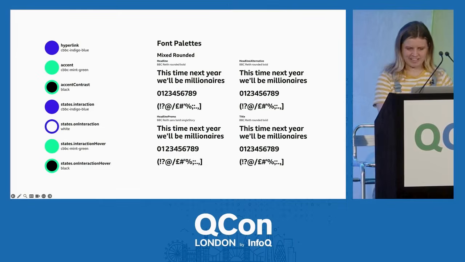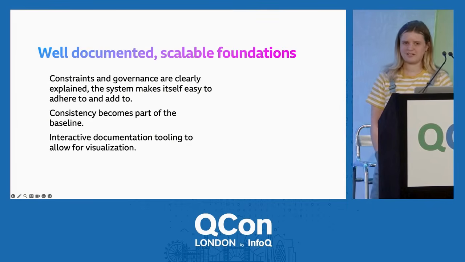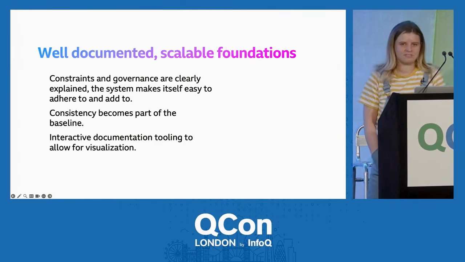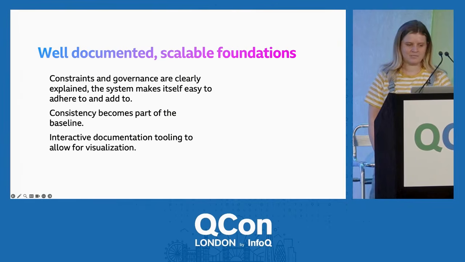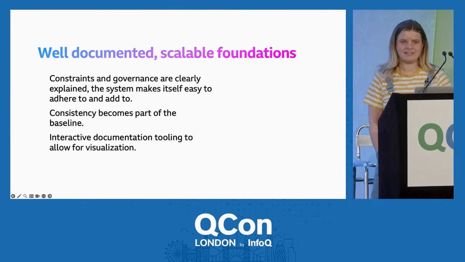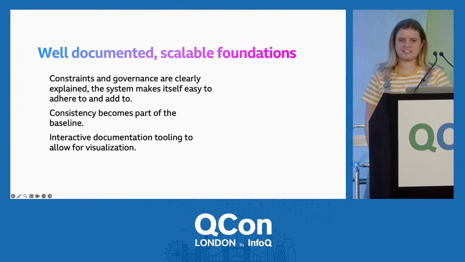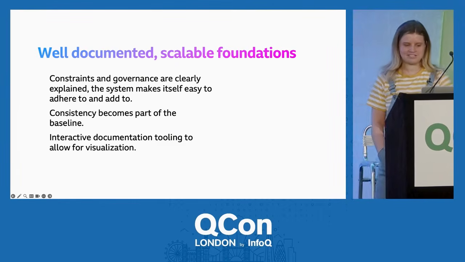So to achieve that, we went through our well-documented scalable foundations, right? And that's the super important part of a successful design system, I think, and being able to scale. The constraints and governance that we do have are clearly explained, and we know that when we're contributing to that system, the design system team are probably going to be asking the right questions.